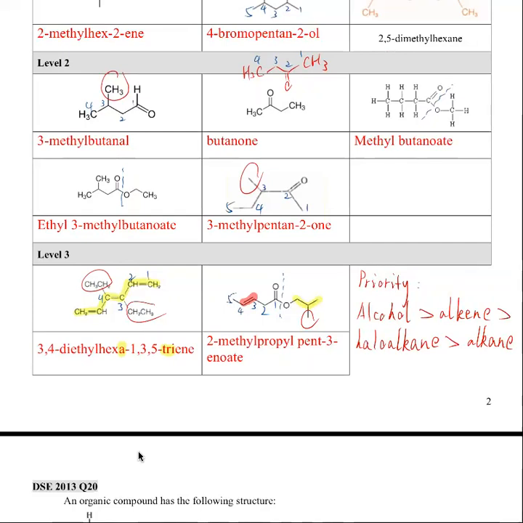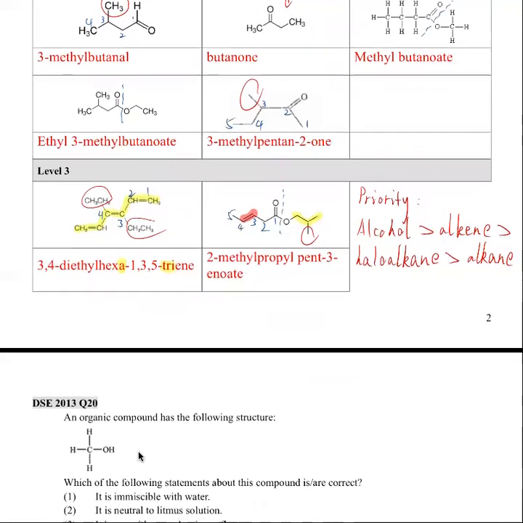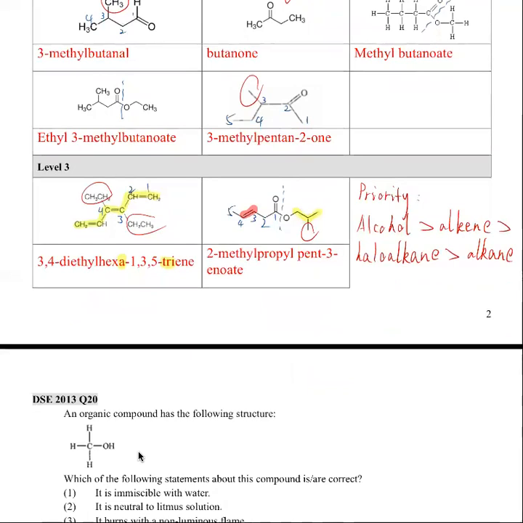Okay, so to give you one more example about the priority, for example, if I have this molecule, okay, so first it has a double bond, and then it also has the OH group.